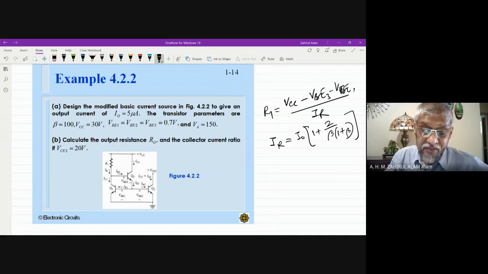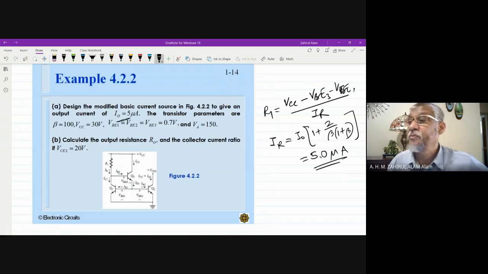So if we substitute I naught, we find this is also 5 microampere. Previously, we got 5.1 micro. So this is very close to 5 micro. So IR is equal to I naught.